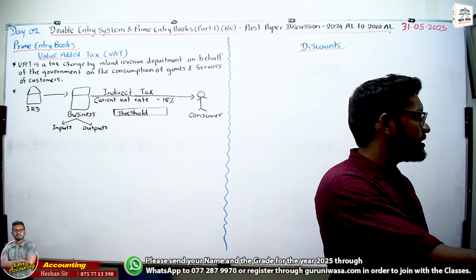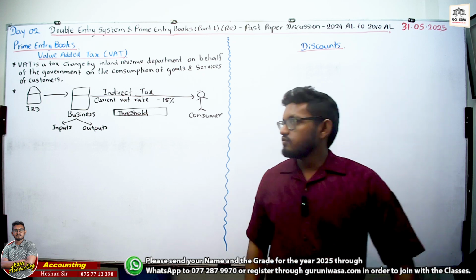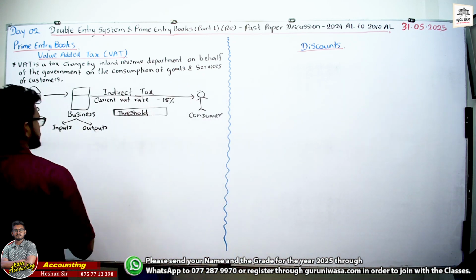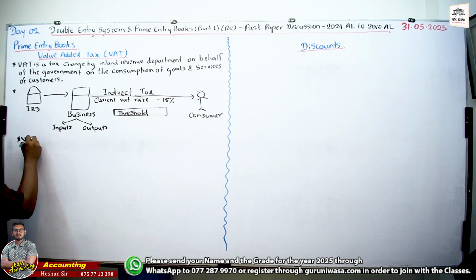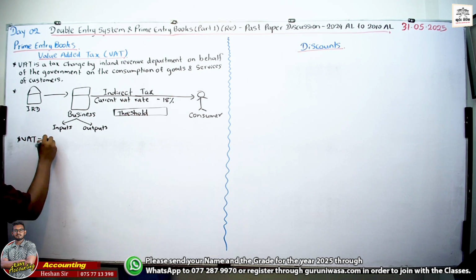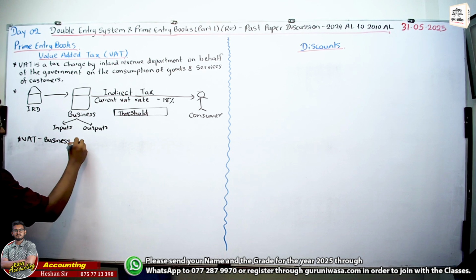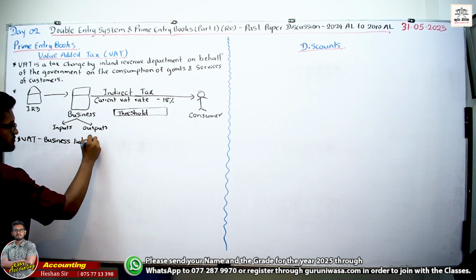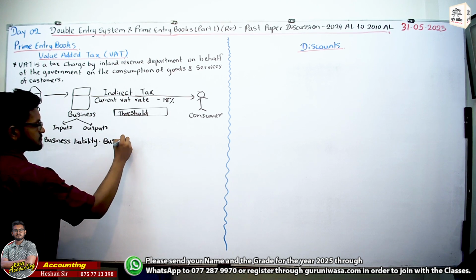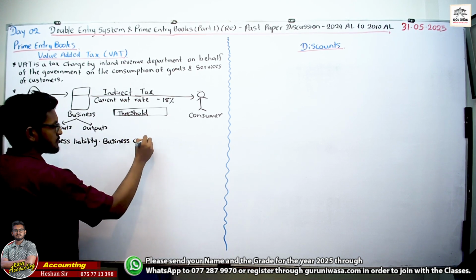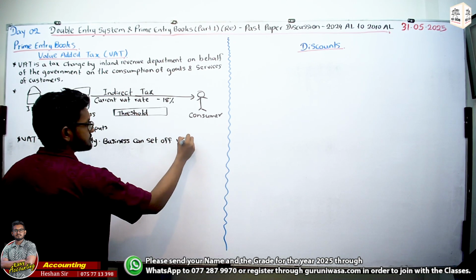Now simply, when it comes to business accounts, VAT is a business liability. A business can set off VAT.